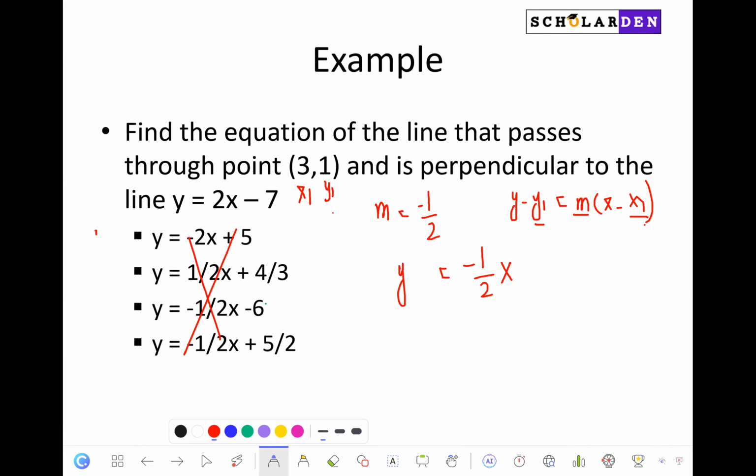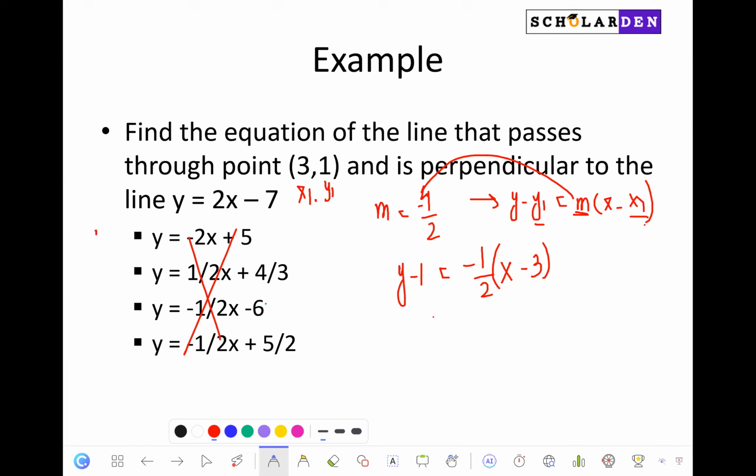So instead, let's substitute these coordinates in this line. We have already been given m is equal to -1/2 as the slope. And let's just substitute these coordinates, x1 and y1, and let's see. So y minus 1 is equal to -1/2 into x minus 3, because the slope is being multiplied by the difference of x minus x1.